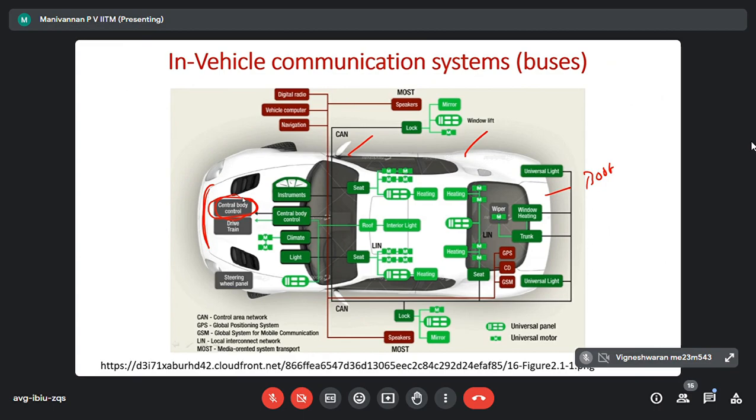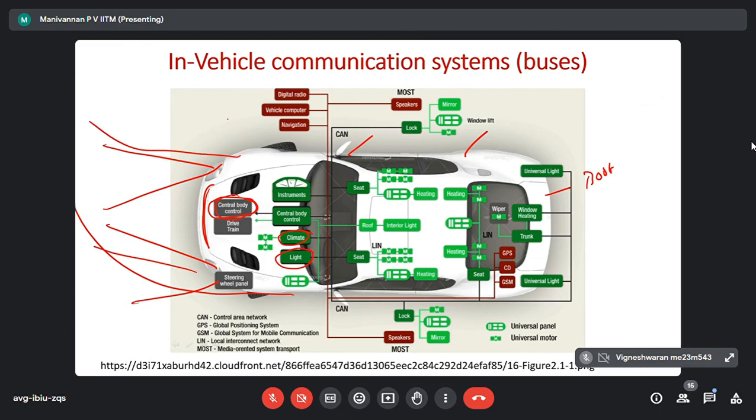Then climate control, light control. You know that generally the light beam goes straight. Now if you are taking a curved road, what you need is to illuminate the curve, but what you are seeing is straight ahead only. But now there are smart lights.